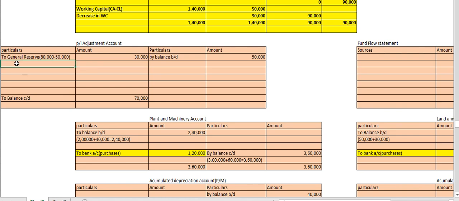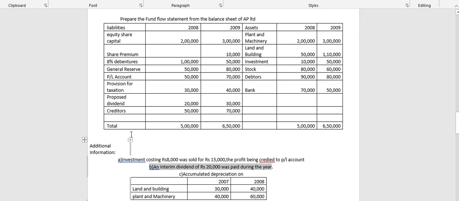So to interim dividend paid $20,000. Next you have the accumulated depreciation.